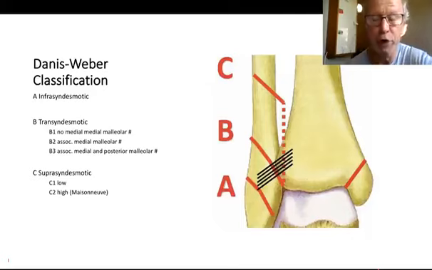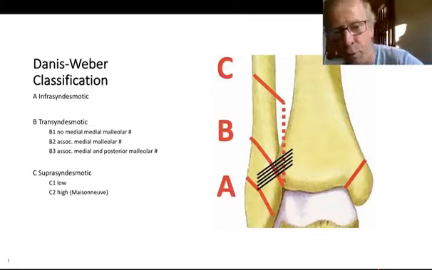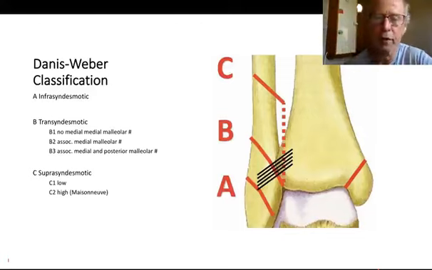No medial malleolar fracture is B1, a medial malleolar fracture is B2, and an associated posterior malleolar fracture would be a B3. Then the C's, the suprasyndesmotic, are C1s and C2s. C1 is low, as you can see drawn there, and C2 can be high, anything up as far as the fibular neck.